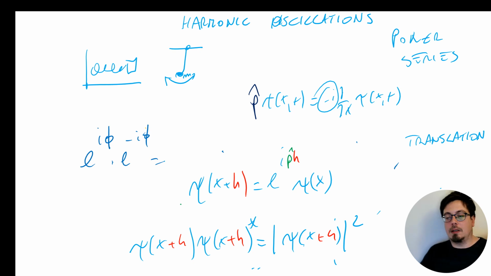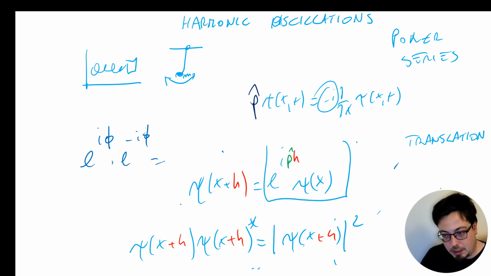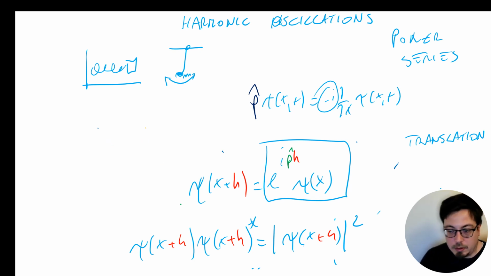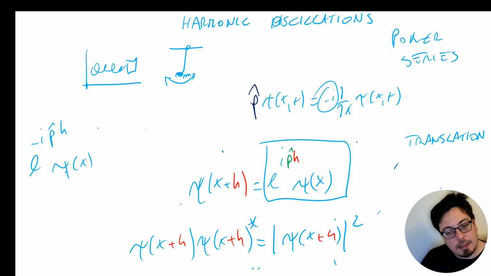So let's do this, but using this function here. As you can see, if we take the complex conjugate of this one, we have exactly what we have here: e to the minus i p h times psi of x, times e to the i p h psi of x, complex conjugate here.